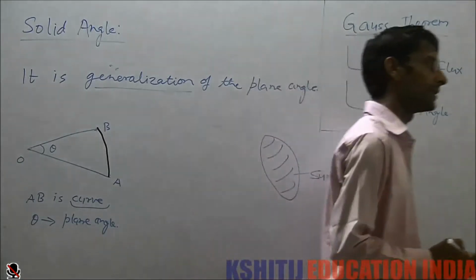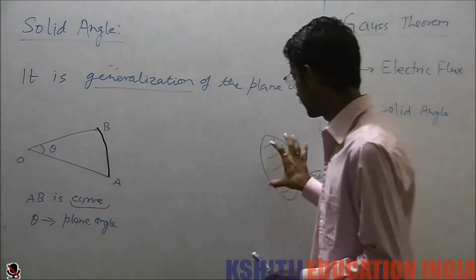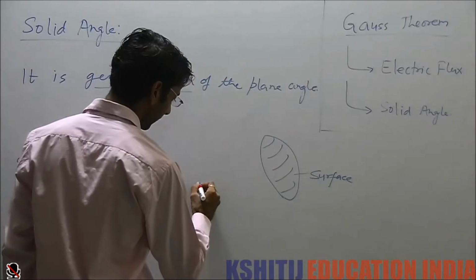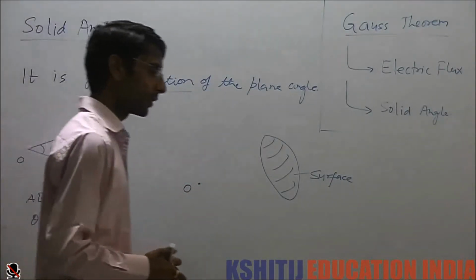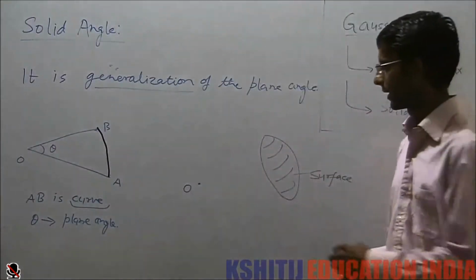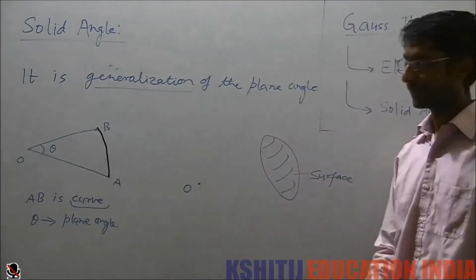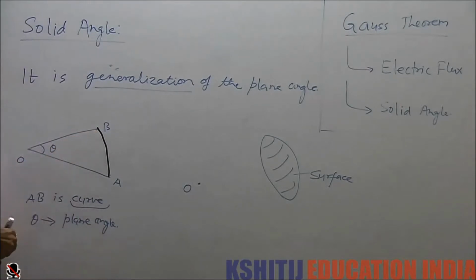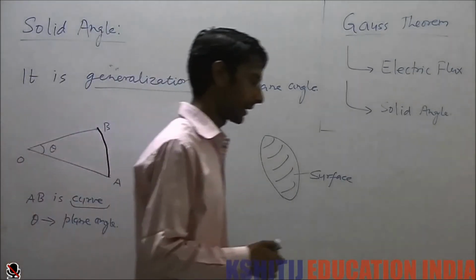If one is interested in what angle this surface extends at a given point, what one will be doing to find out the angle that this surface makes at this point is just like here: we joined the 2 points with that O point. Whatever inclination came, we call the plane angle.